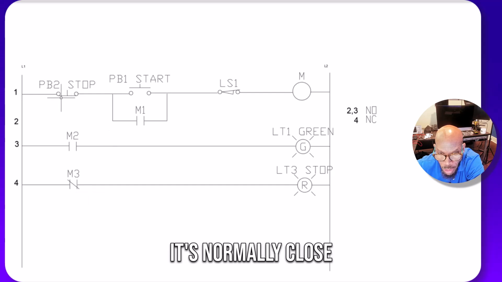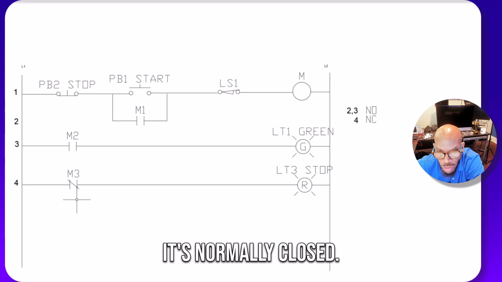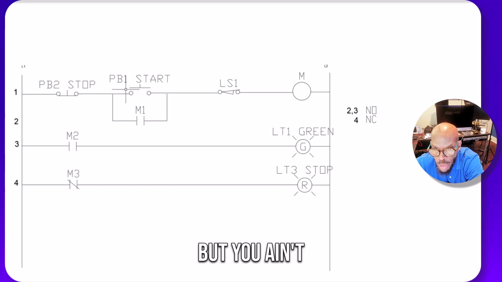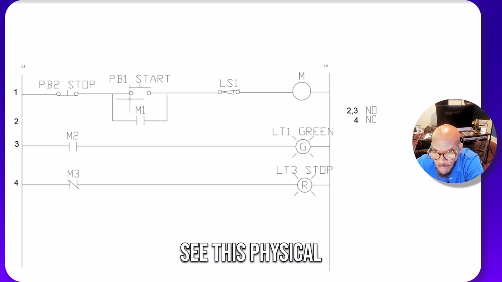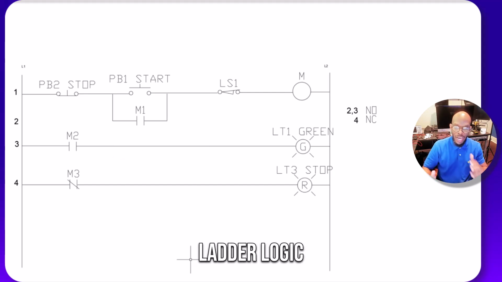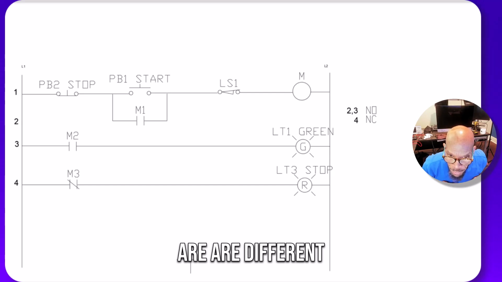See how it's normally closed? See, it's touching, so that means it's closed. And then you will see PB1 start in ladder logic, but you won't see this physical switch right here. You will see a contact like this. That's called PB. So that's how ladder logic and control circuits are different from each other.